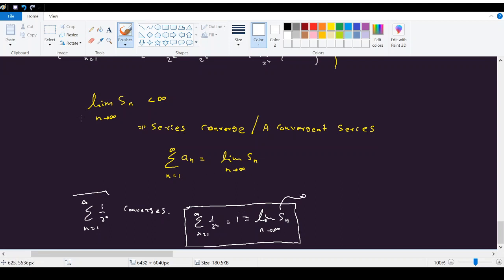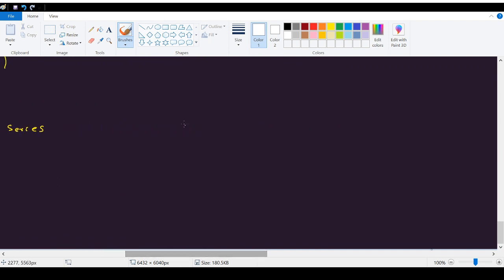And if this sequence diverges, then we say that the series also diverges. Say for example, let's consider this sequence.